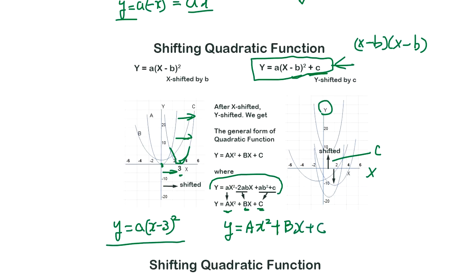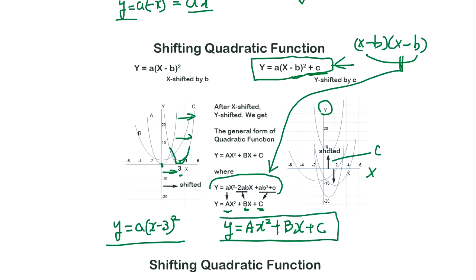You expand this, then you get this kind of mess. So we redefine the parameters using capital A, B, C. Then this is the form of the quadratic equation. Okay?